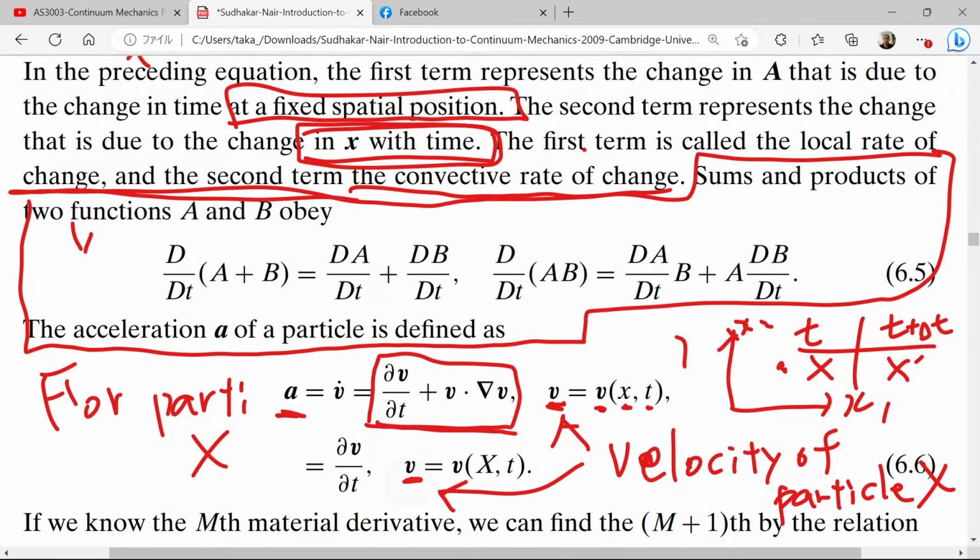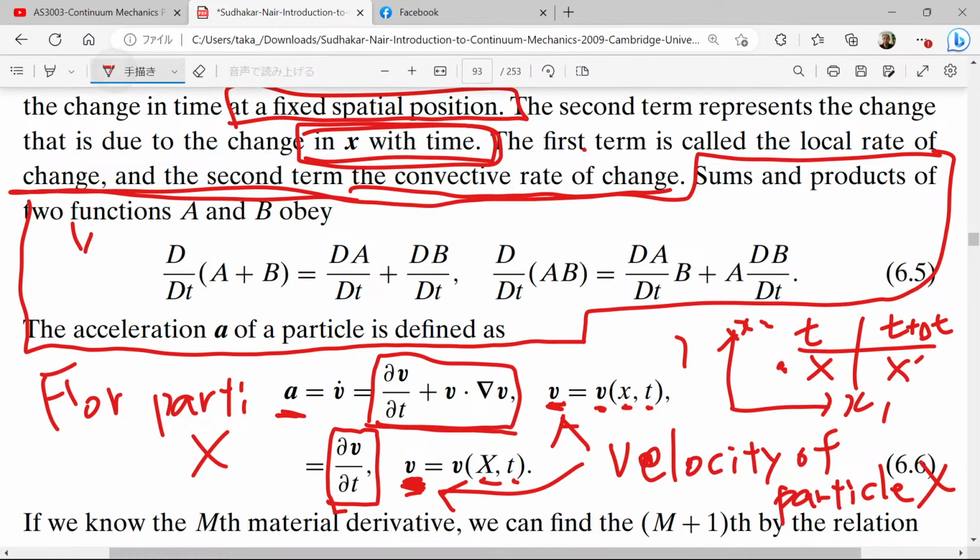But if your velocity is expressed in terms of large x and t, you don't have to worry about the second term. You just consider partial v, partial t. This gives acceleration.